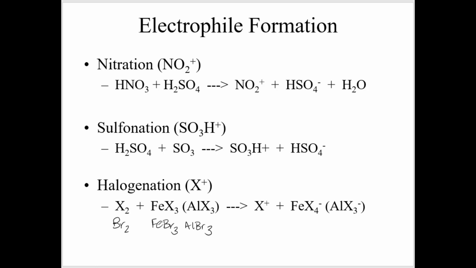So one of the more important reactions would be to add an alkyl group to the benzene ring. If we want to add an alkyl group to the benzene ring, then I need to be able to add a carbocation to the benzene ring.